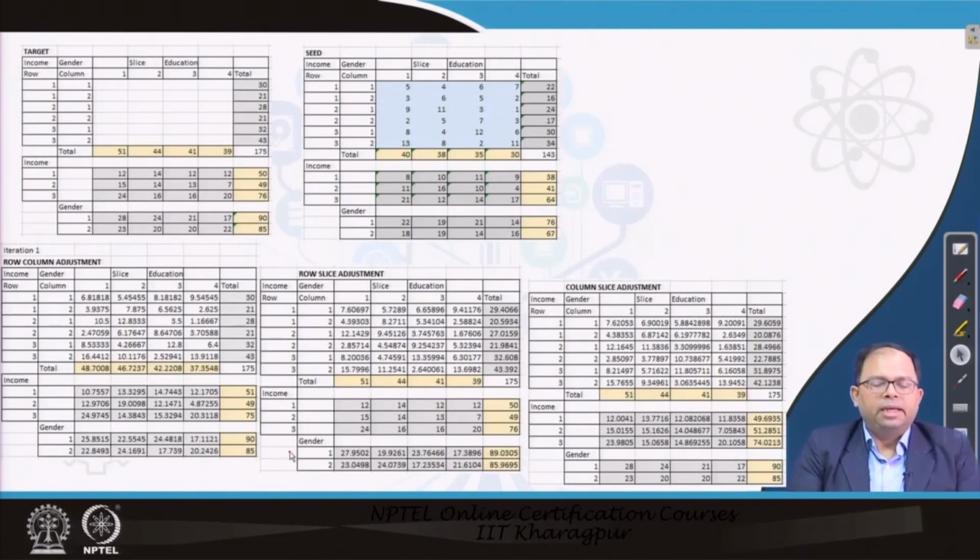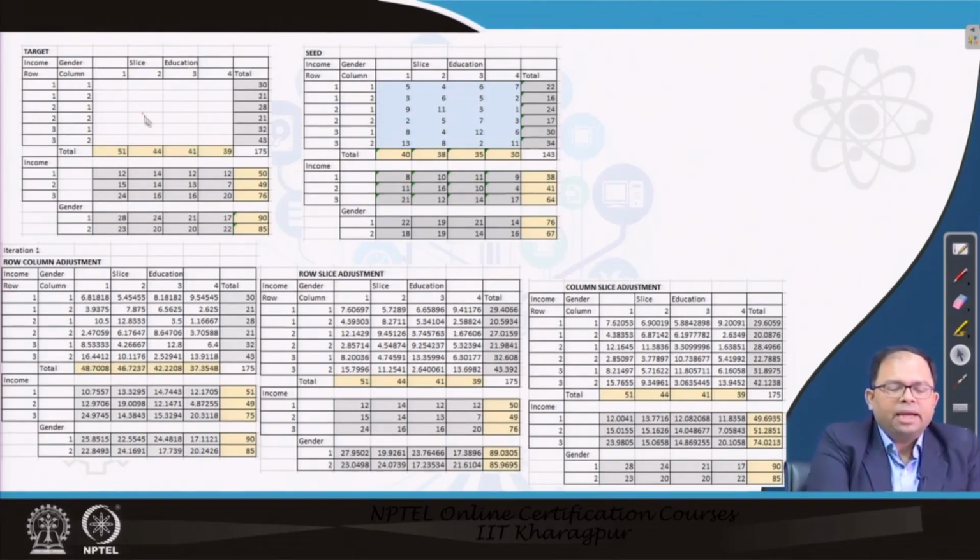In this example, I am using the same example from the last slide. Here you can see in the target area, we have marginals for income and gender, marginals for income and education, and then marginals for gender and education.